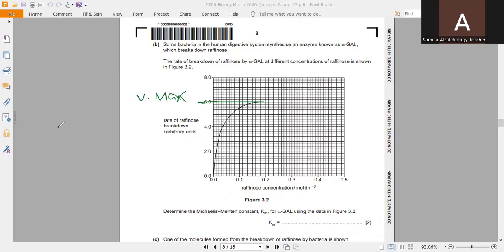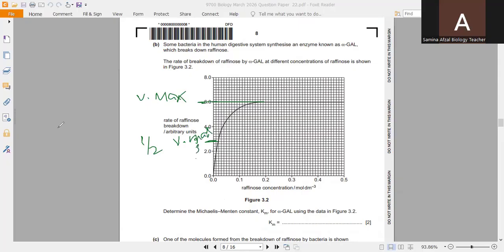And half of the Vmax should be between 4 and 2, that is at 3. Half Vmax is at 3.